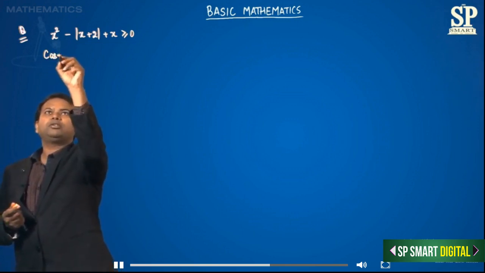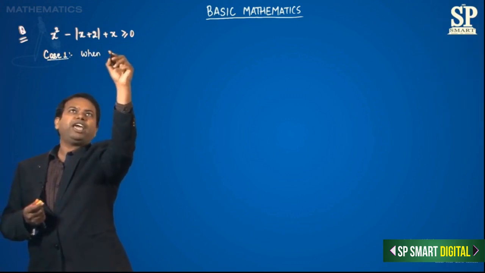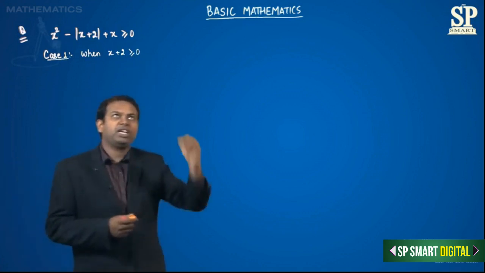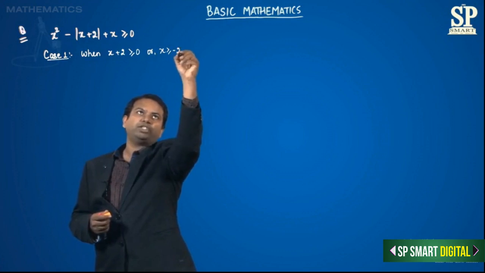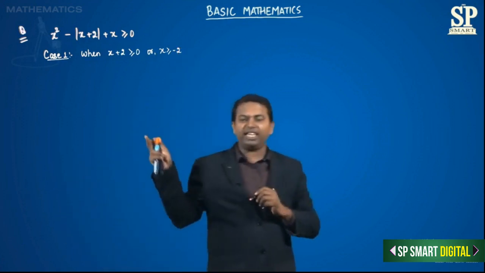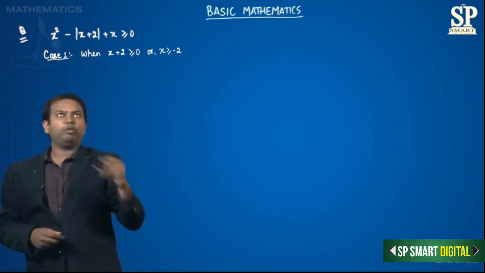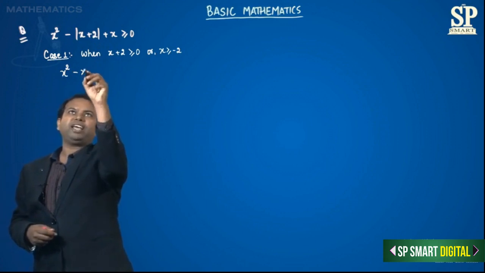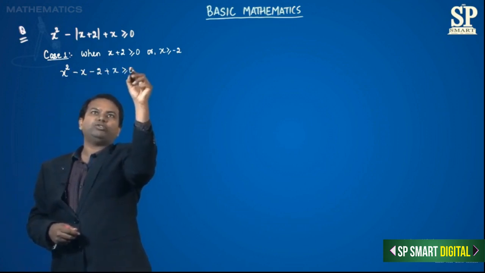Case 1, when x plus 2 is greater than or equal to 0, which means x is greater than equal to minus 2. Now in this case, the modulus sign can simply be removed, and hence we have x square minus of x plus 2 plus x is greater than equal to 0.